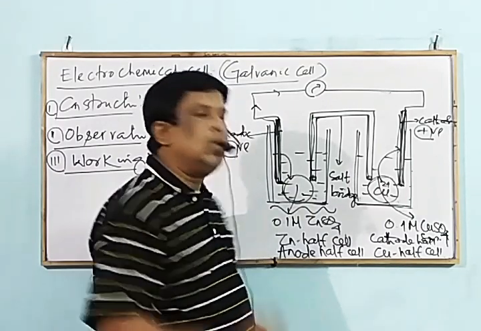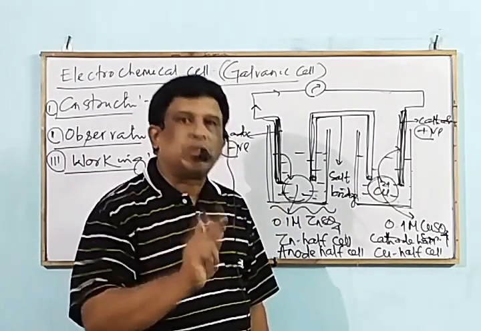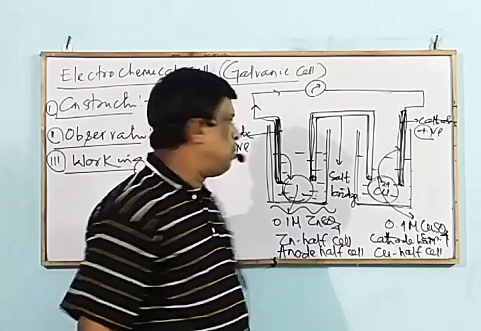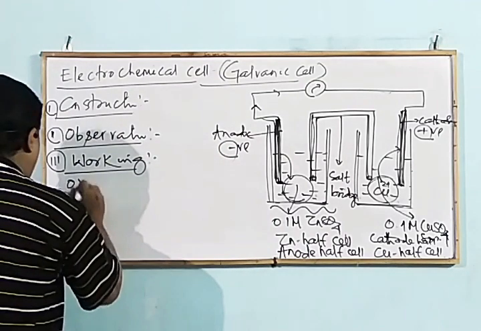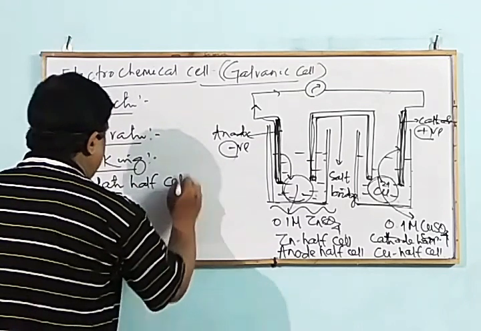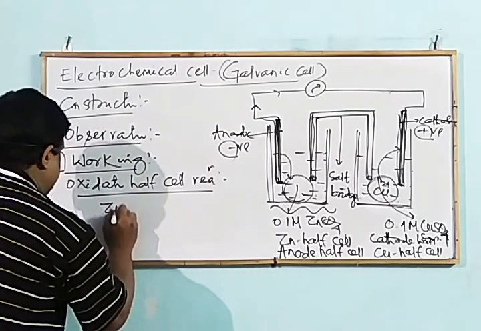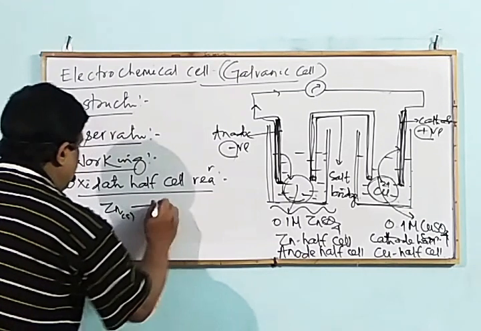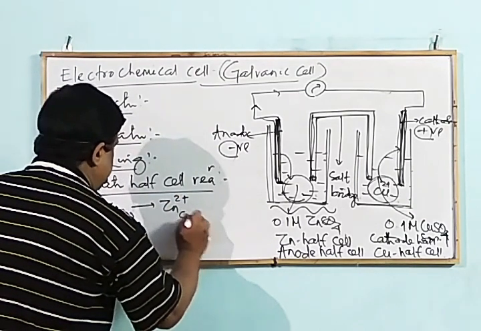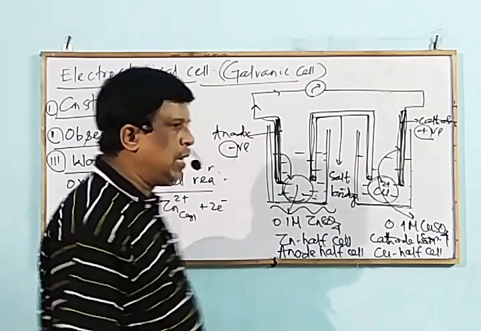So at anode, oxidation takes place. That's why it is also known as oxidation half cell. So mark that. What is the oxidation half cell reaction? Zinc solid loses 2 electrons to form zinc ion plus 2 electrons. It is known as zinc half cell reaction.